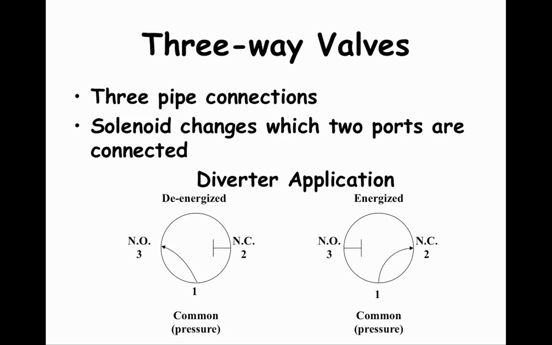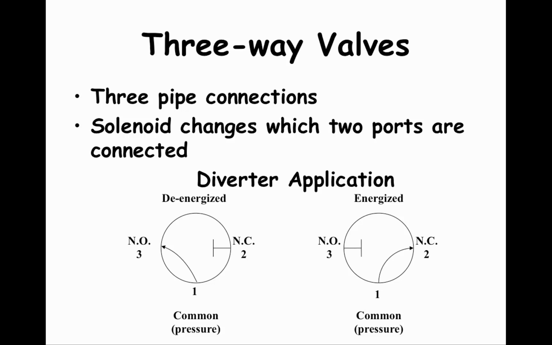With a three-way valve, both port 2 and port 3 have normal designations which are opposite to each other. The sketch shows a three-way valve for which port 2 is normally closed when the three-way valve is de-energized and port 3 is normally open in the de-energized state.